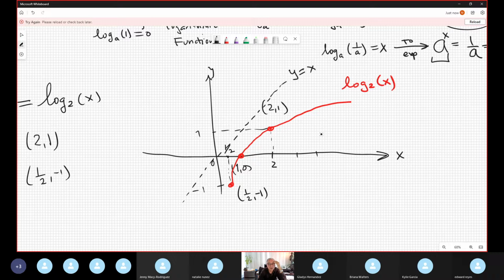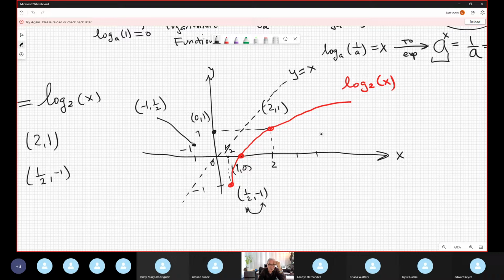This point in the exponential would be -1, comma, half. -1 is here, and half is approximately here, right? The only thing I did was interchange x and y to obtain another function, because it's the inverse function.